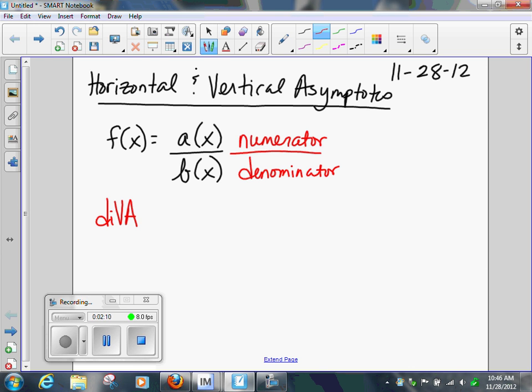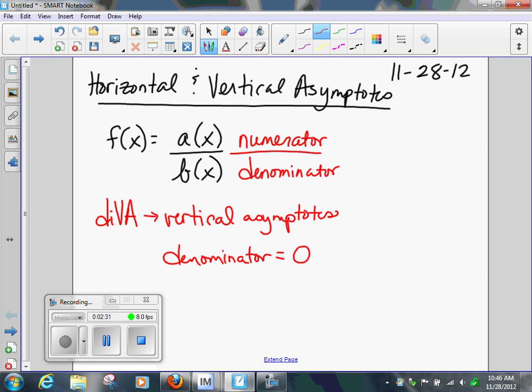And to some of you now, denominator, vertical asymptotes. So, in order for me to find vertical asymptotes, then I'd set the denominator equal to 0 and solve. And I know that diva thing is so silly. I know that. But it helps me. And I know that it will help some of you, okay? Because you are just as odd as I am, and we embrace that, and we're okay with that, okay?